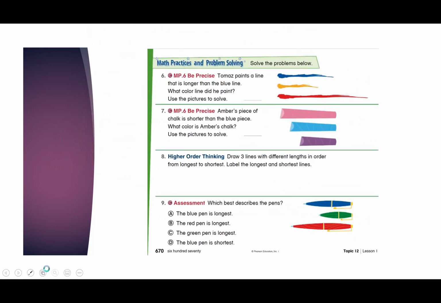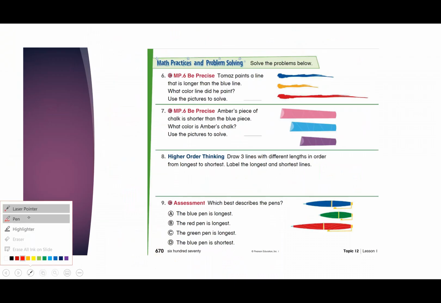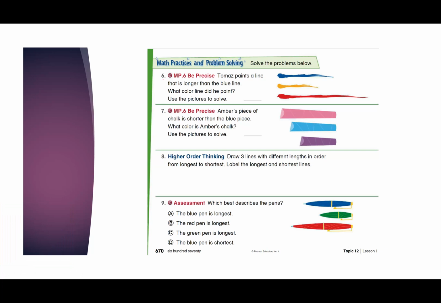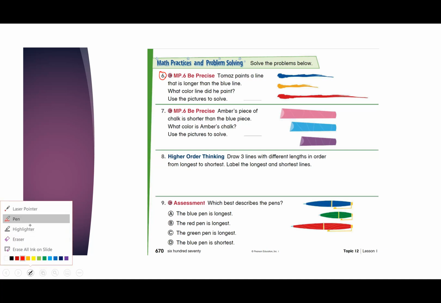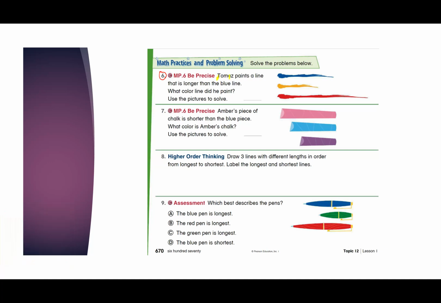Now this is the problem solving. Now here, question number 6. Thomas paints a line, let me highlight. Thomas paints a line that is longer than the blue line. What color line did he paint?